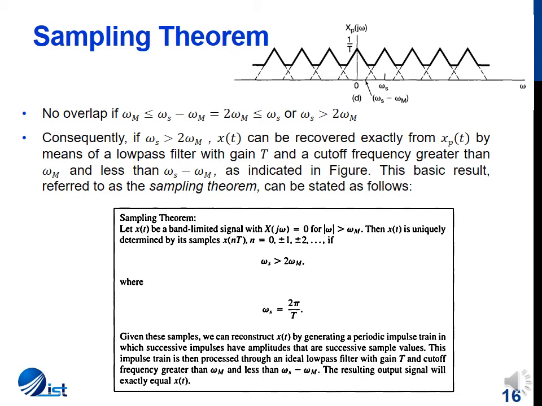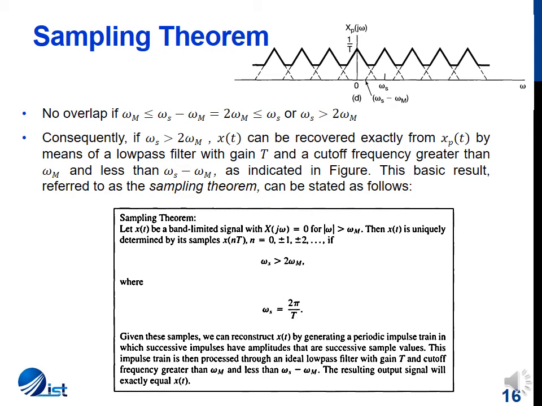if x of t is a band limited signal with X of j omega equal to 0 for omega greater than omega m, then x of t can be uniquely determined by its samples if omega s, the sampling frequency, is greater than twice the maximum frequency of the signal, or omega s is greater than 2 pi by T. So given these samples, we can reconstruct x of t by generating a periodic impulse stream in which successive impulses have amplitudes that are successive sample values, or in other words, we are doing impulse stream sampling.